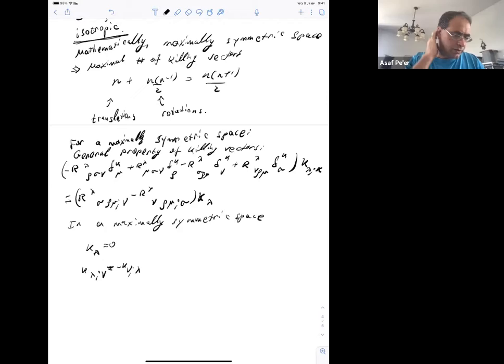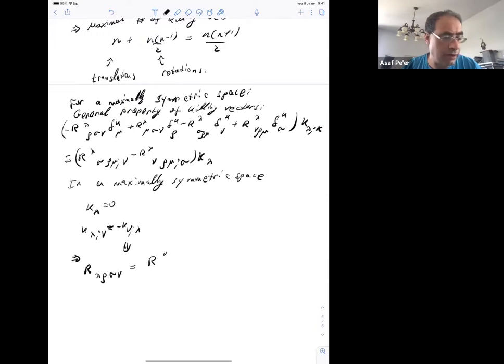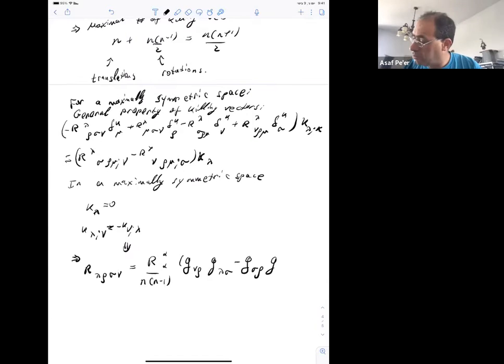Plugging this result in, with a little bit of algebra, we ended up with a special structure of the Riemann tensor, which led us to write down R lambda rho sigma nu as the Ricci scalar, or alpha, divided by n minus 1 times g nu rho g lambda sigma minus g sigma rho g lambda nu.